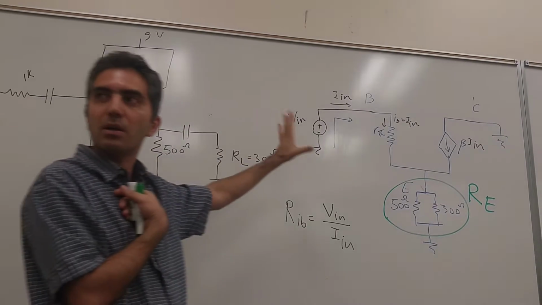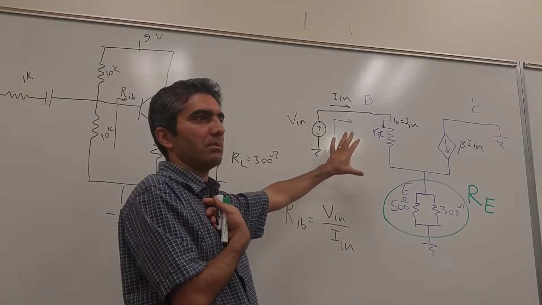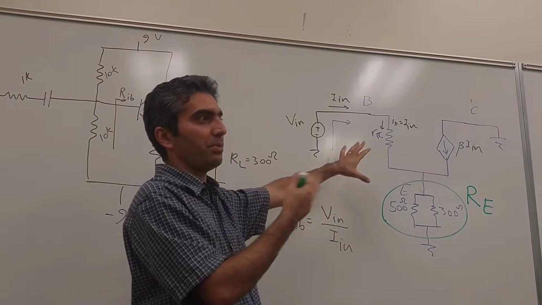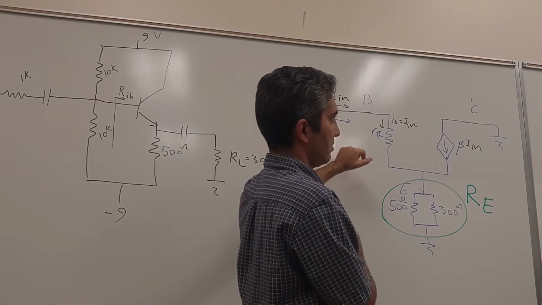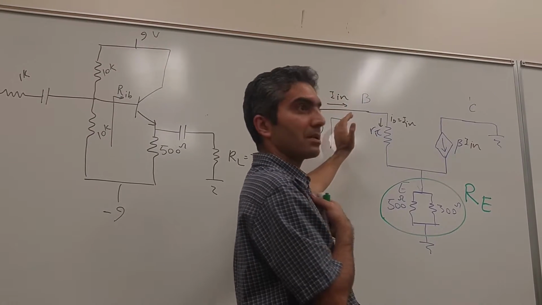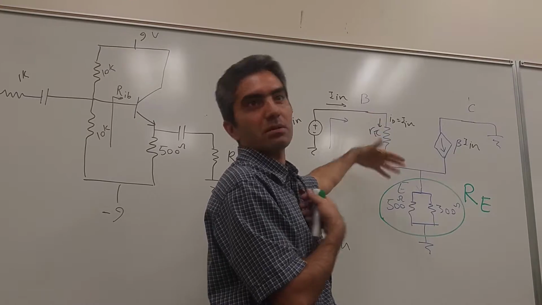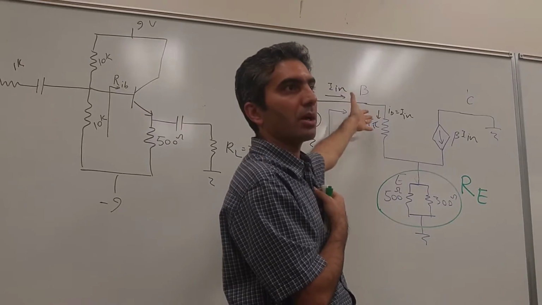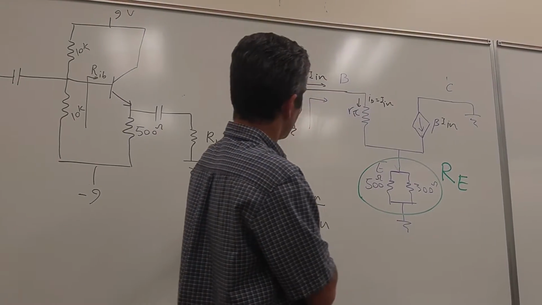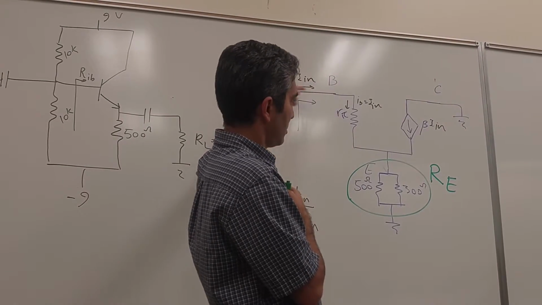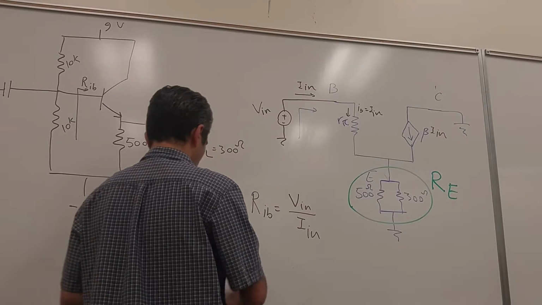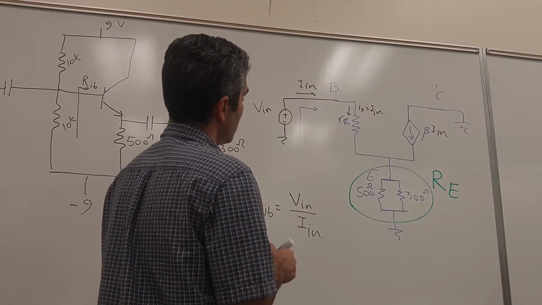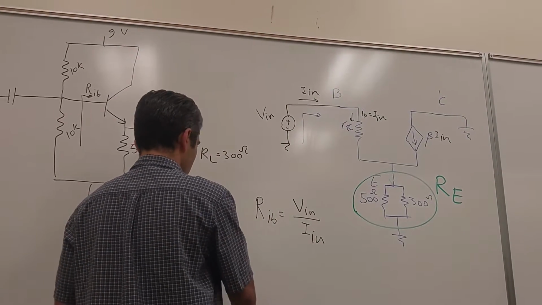So redraw the circuit in small signal configuration, and then again recall what resistance means, which is Ohm's law, voltage divided by current. Then connect the voltage, label the currents, and this is the problem statement. Once you do that, you start doing the solution.